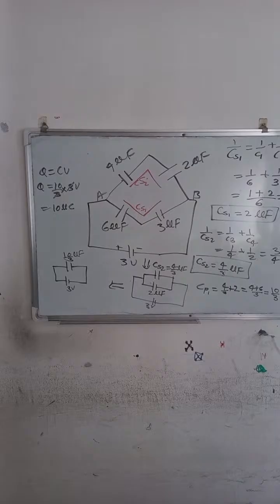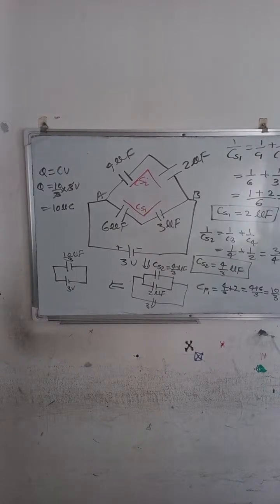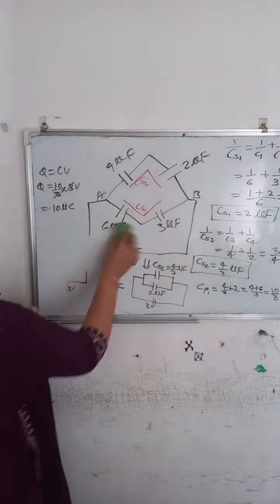I will repeat this. The ratio of potential differences that must be applied across the parallel and series combination of two capacitors C1 and C2 with their capacitances in the ratio 1:2, so that the energy stored in the two cases will become the same. Now, we derived the relation for energy in capacitors.